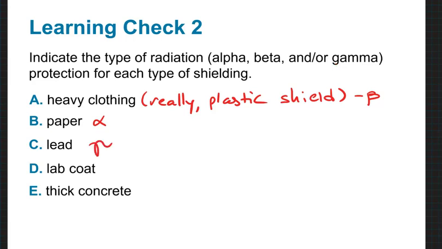The more dramatic it is, the worse the exposure. Lab coat, not what's in the lecture, but what I really told you. Is lab coat clothing? Yeah. Okay. Alpha. Thick concrete.